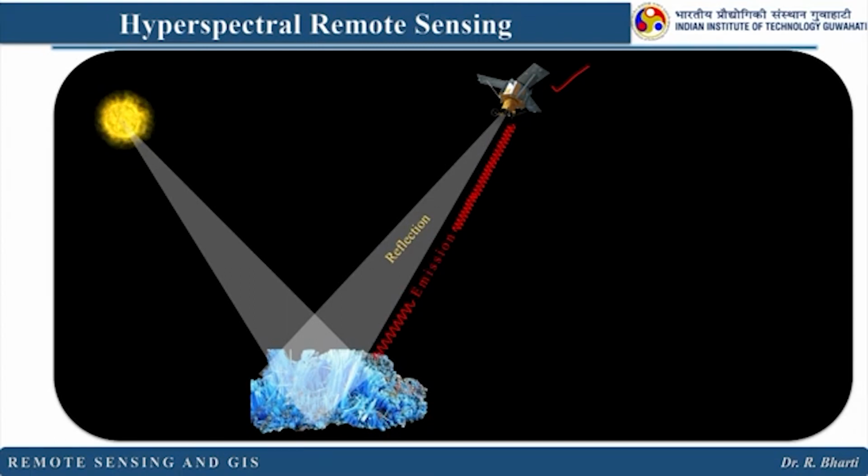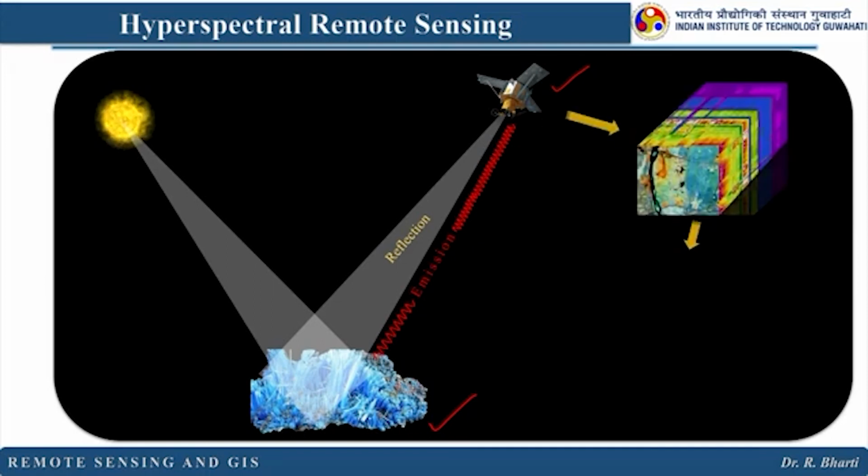So, in this case what is happening? The sun is illuminating the surface and the target is getting illuminated and it will reflect some of the energy and it will also emit some part of energy, and that will be recorded by our sensor in contiguous narrow bands, right, and that will be like this.